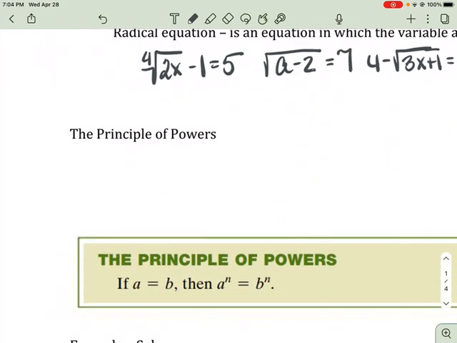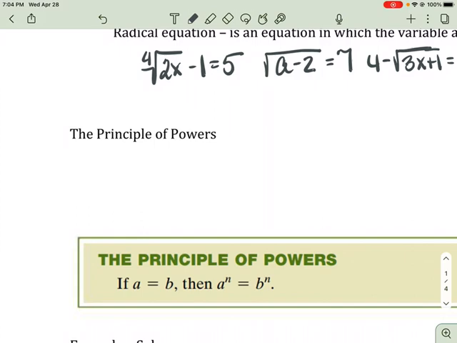It basically is the idea that, keeping the equation balanced, we can take both sides to a power. You know how we can multiply both sides of an equation by the same thing and it doesn't change the fact that they're equal to each other? That's what this is, except instead of multiplying, we're raising to a power.